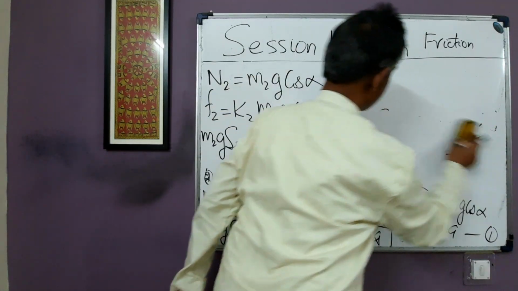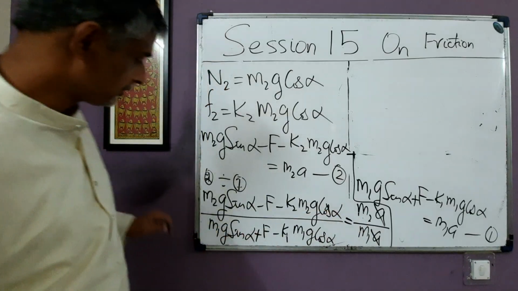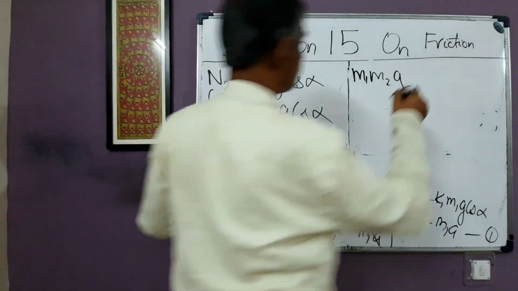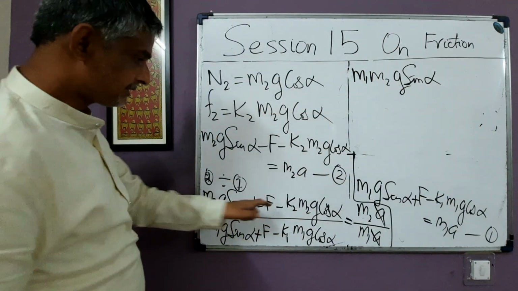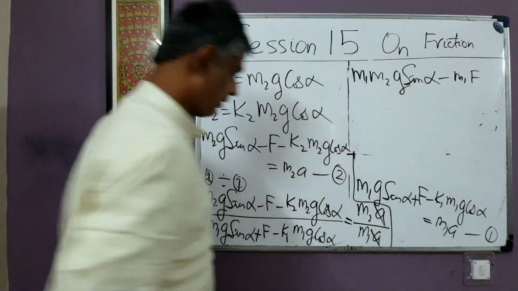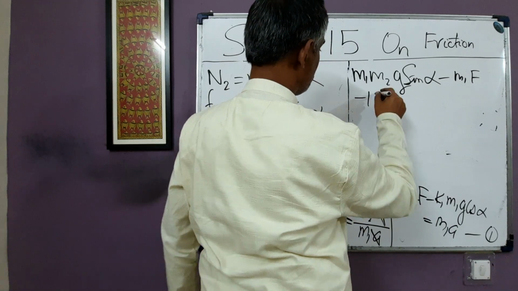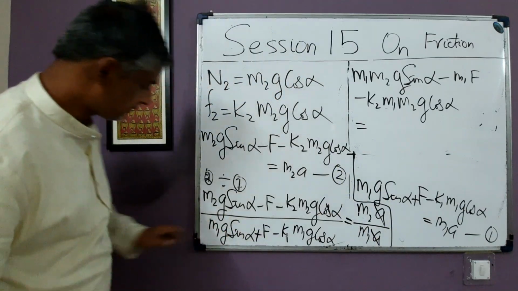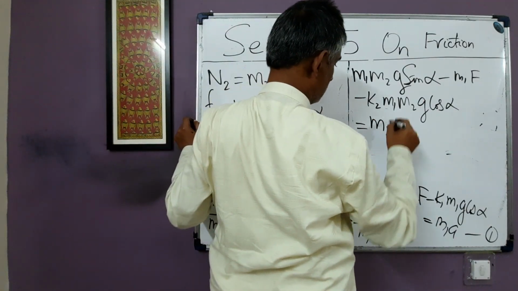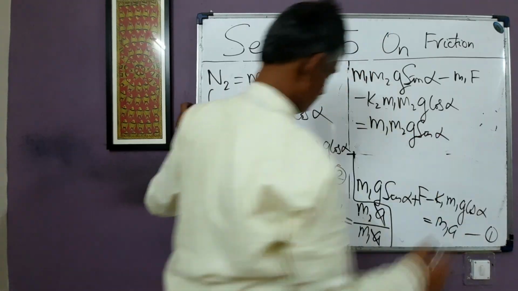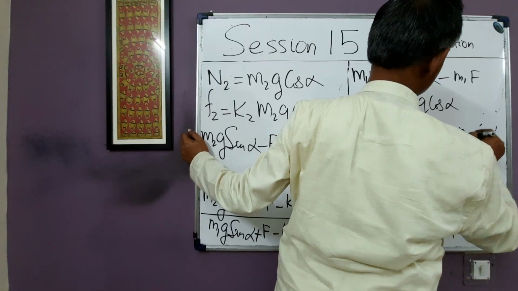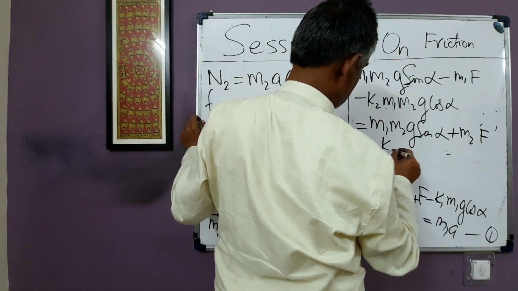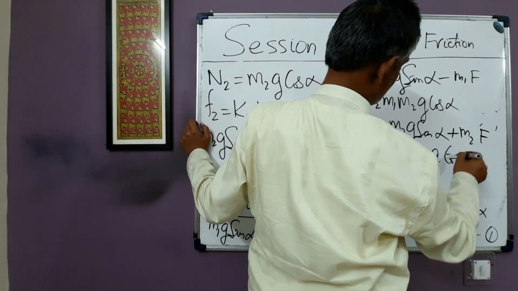Now cross multiply these two equations. How much does it become? m1 m2 g sin alpha minus m1 f minus k2 m1 m2 g cos alpha, that is the same as m2 into m1 m2 g sin alpha plus m2 f minus k1 m1 m2 g cos alpha.